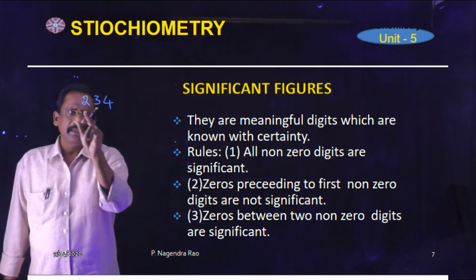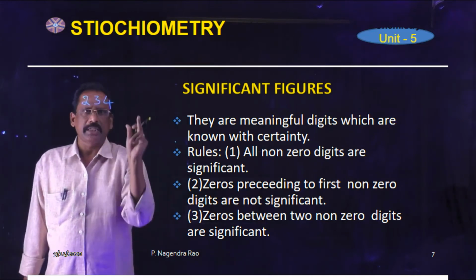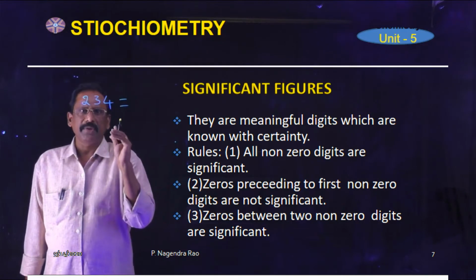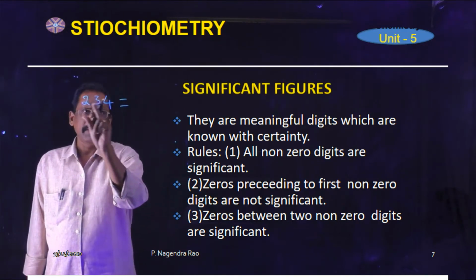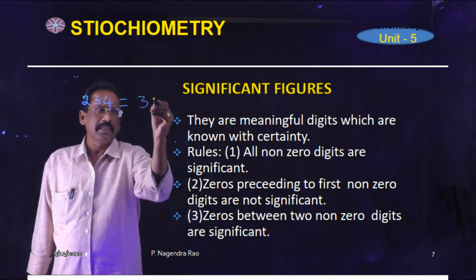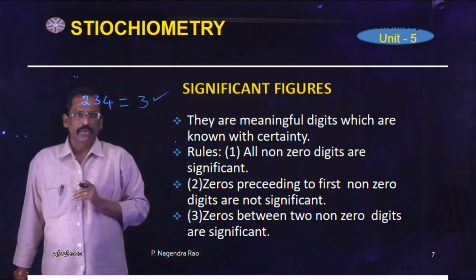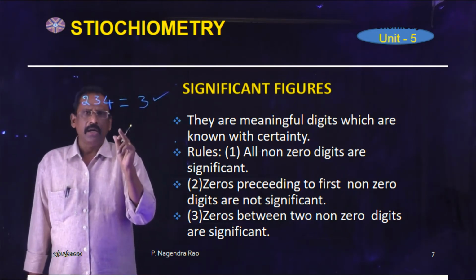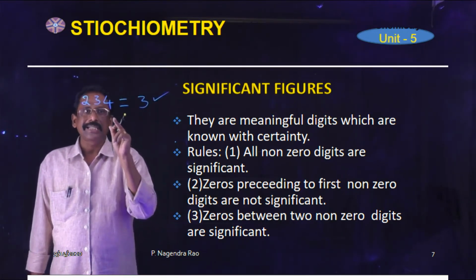So here these three are non-zero digits. That's why for 234 the number of significant figures is equal to 1 plus 1 plus 1. That means the number of significant figures in 234 is equal to 3 because all non-zero digits are significant.